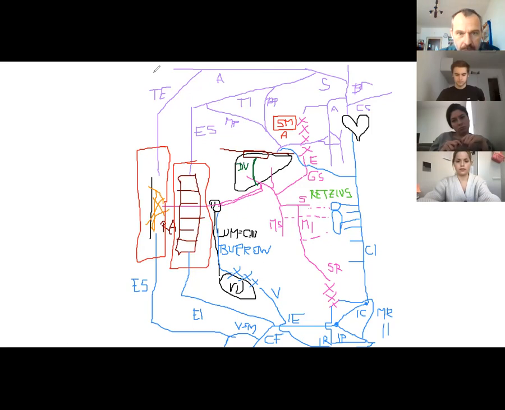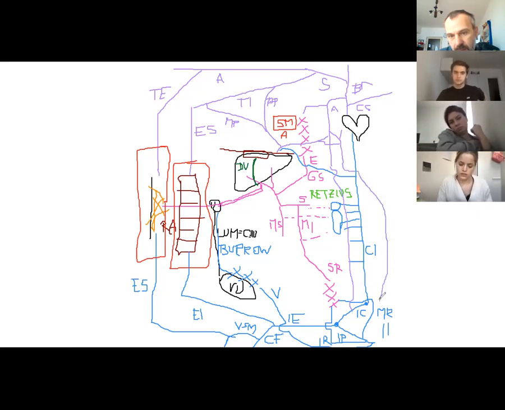Third channel, we have to draw just here, as we know that the azygos forms the ascending lumbar vein, and hemiazygos as well, on the other side. So we can use this.